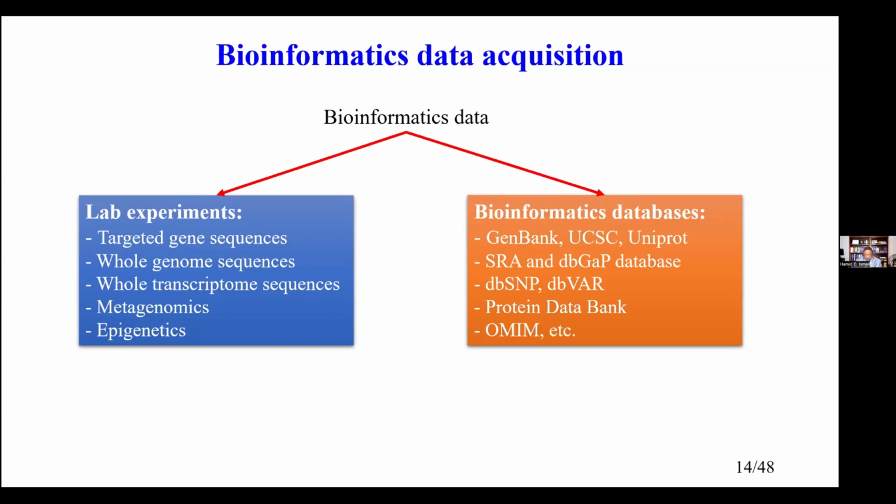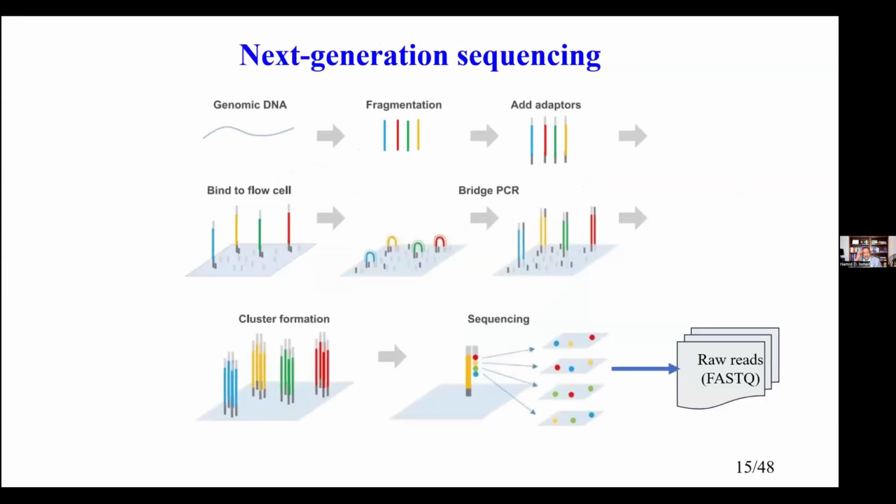Those databases are also provided with a way to search to find the right data that can serve your research. And when we talk about next generation sequencing, this is one of the main sources.